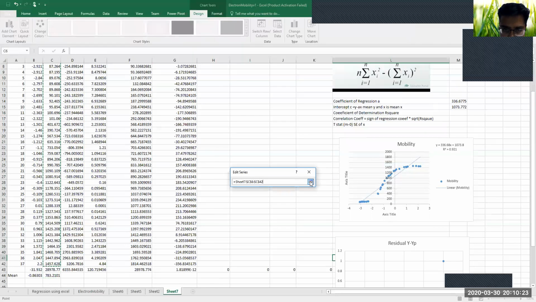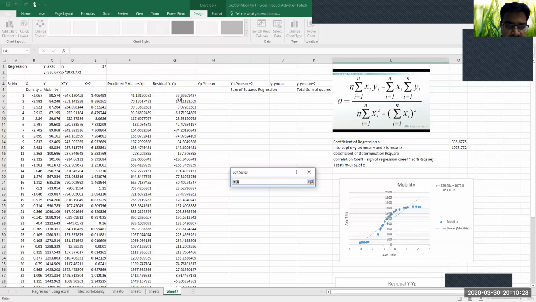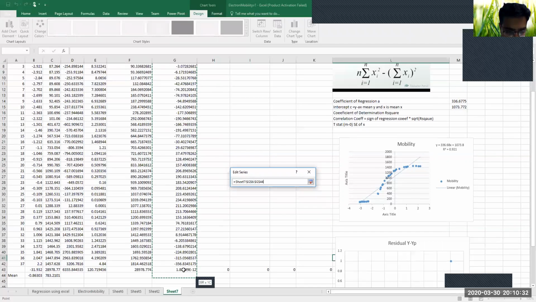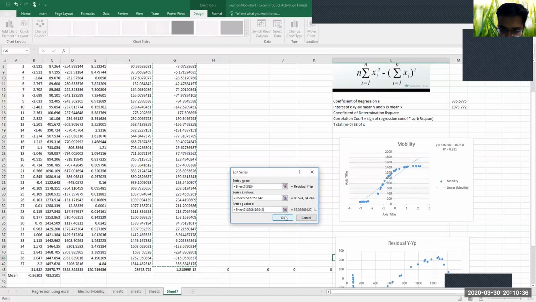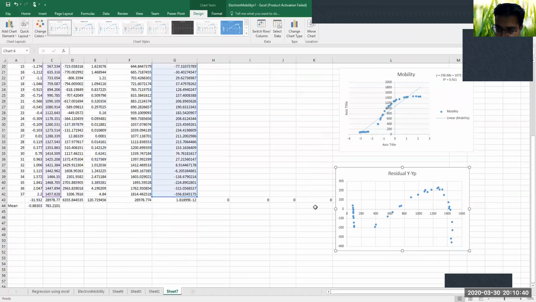Okay. We can plot this against x, we can plot this against y, that is mobility as well as density. So we have taken these two. So we get a plot. So this is the residual plot. When we get the residual plot, we find a pattern here.